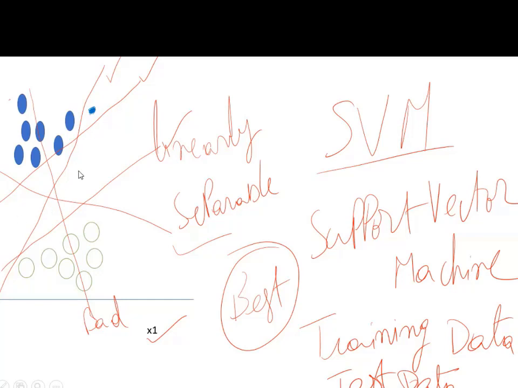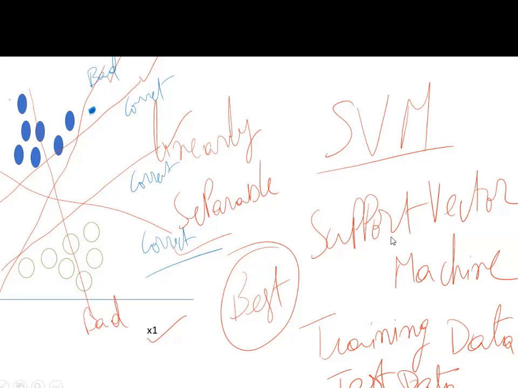Whether this line, this line is a bad line. This is correct, this is also correct. But this is called the best line. This is how we have to determine which line is the best line. This is what SVM is.